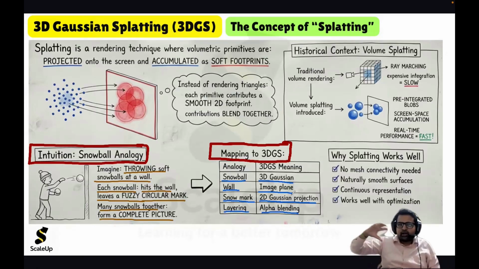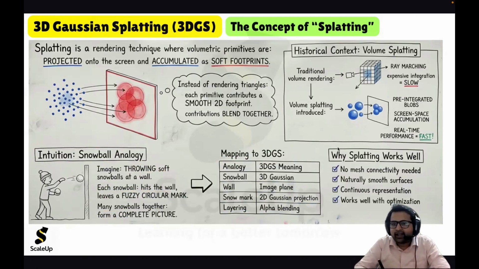In 3D Gaussian splatting, we have a 3D Gaussian and we project it on the screen. The wall is the image plane, the mark is the 2D Gaussian projection, and layering is the alpha blending. That is what we do.